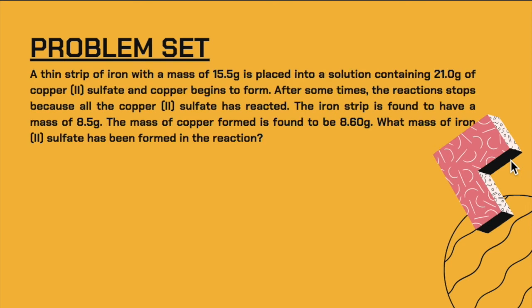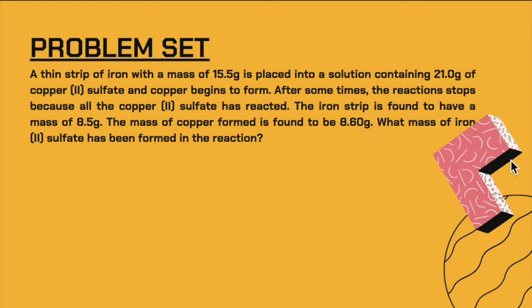Next. So this one is a bit more tricky and requires a little bit of analysis. But again, we really won't be using a balanced chemical equation. So let me first read it. A thin strip of iron with a mass of 15.5 grams is placed into a solution containing 21.0 grams of copper 2 sulfate, and copper begins to form after some time.